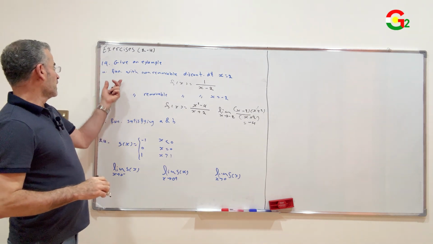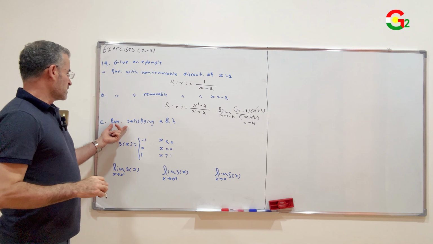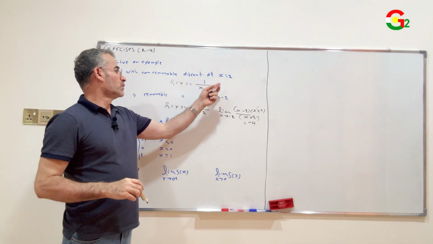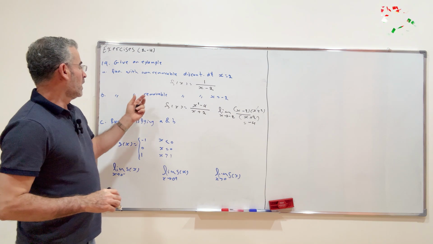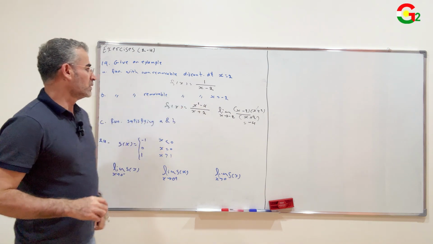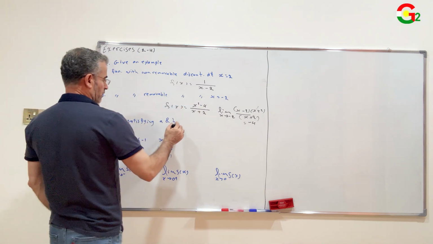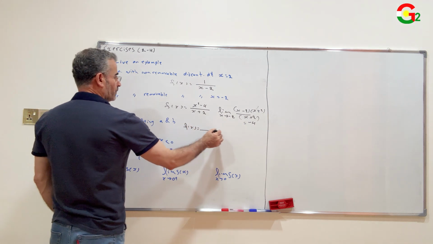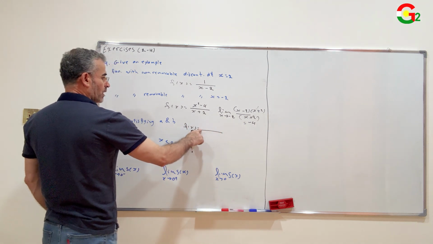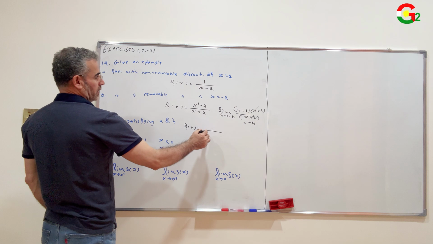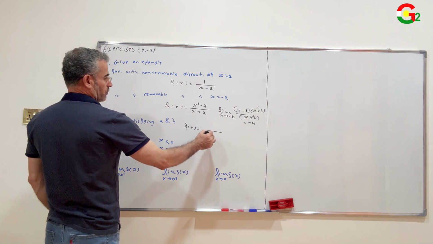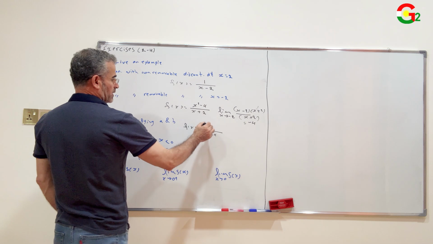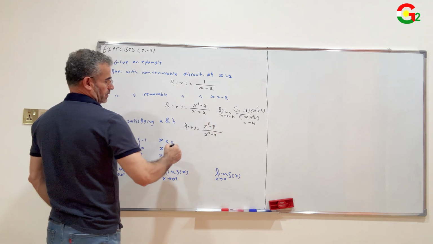Function satisfying a and b: it means a function with two points of discontinuity, 2 and -2, where -2 is a removable discontinuity. Set f of x equal to x power 2 minus 4 over x power 3 minus 8.